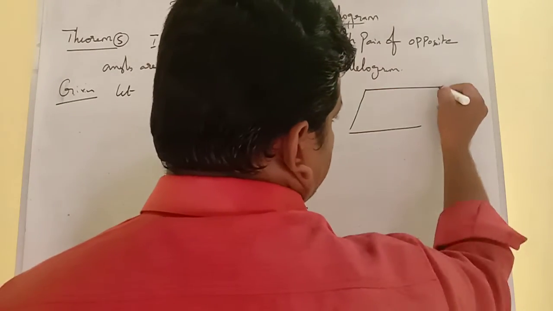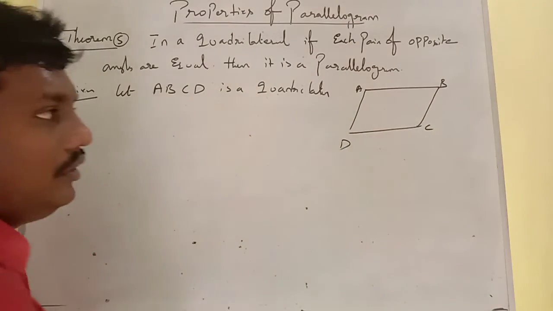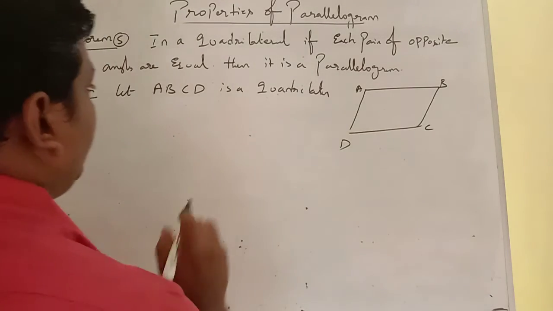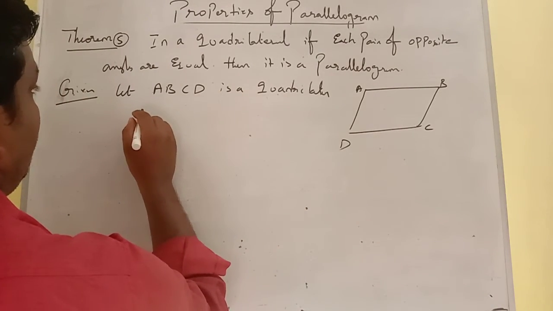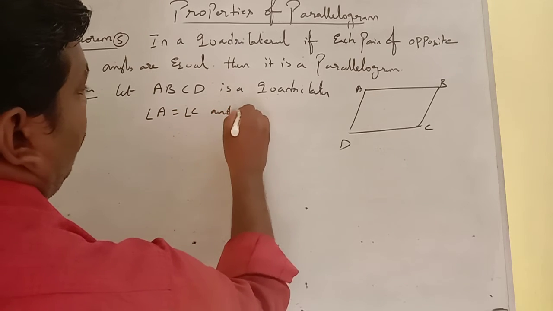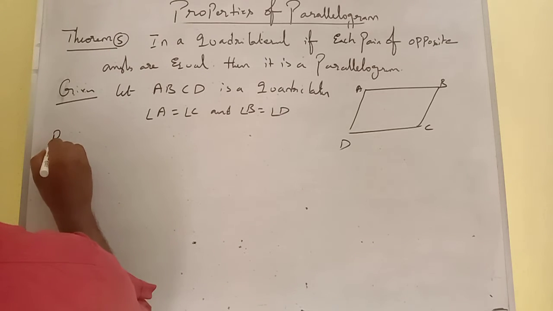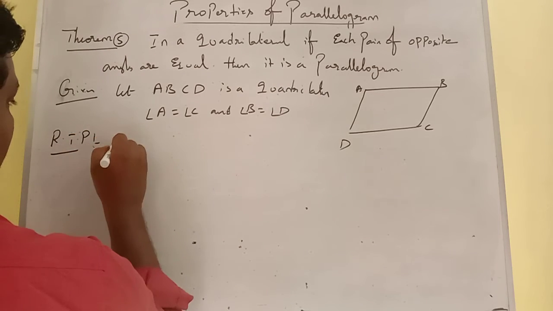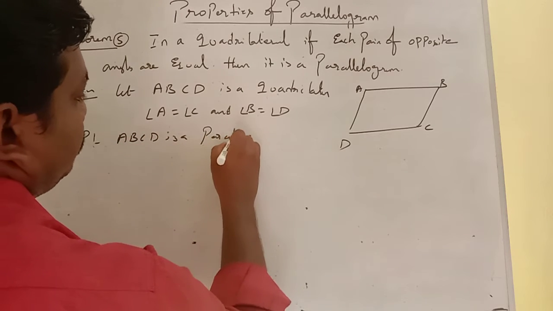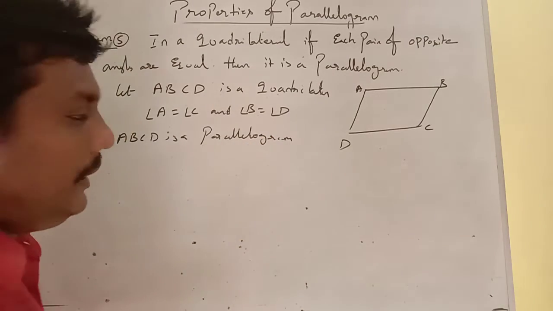So let me consider this quadrilateral ABCD. Given: angle A is equal to angle C and angle B is equal to angle D. What is required to prove? Required to prove: ABCD is a parallelogram.